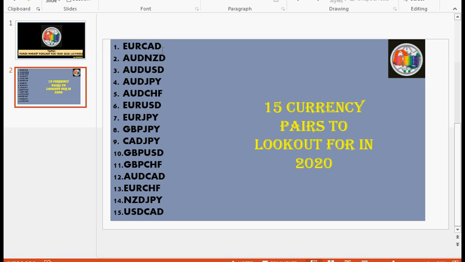So we have the Euro Canadian dollar, the Australian dollar versus New Zealand dollar, the Aussie pair, the Australian dollar versus Japanese yen, the Australian dollar Swiss franc, the Euro US dollar, Euro Japanese yen, the Great British Pound Japanese yen, Canadian dollar Japanese yen, Great British Pound US dollar or the cable, Great British Pound versus the Swiss franc, the Australian dollar Canadian dollar, the Euro Swiss franc, New Zealand dollar Japanese yen, and the US dollar Canadian dollar.